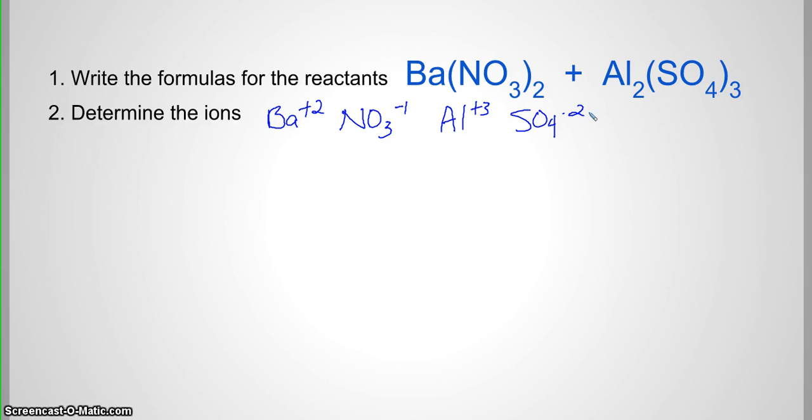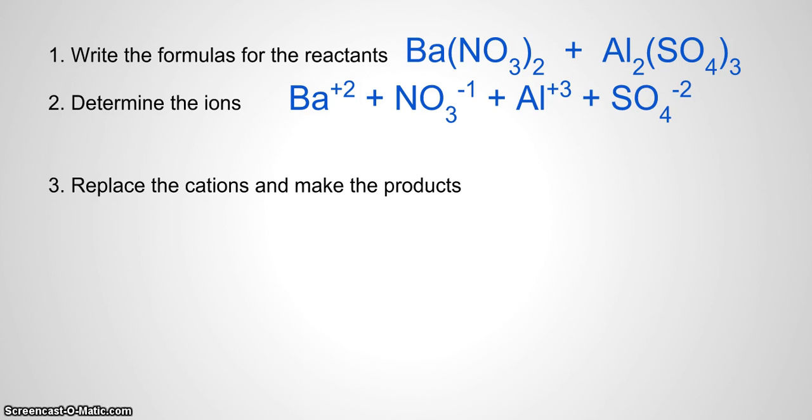So when we do our double replacement, you can replace the cations, you can replace the anions, but remember you always have to have a cation bonding to an anion. You can't put two pluses together, you can't put two minuses together. So let's take a look at our next step, which is to replace the cations and make the products.